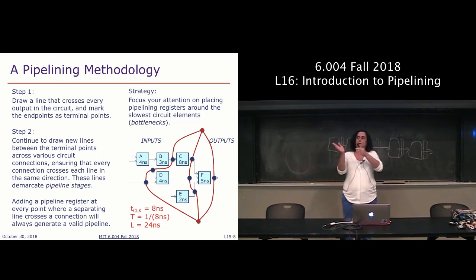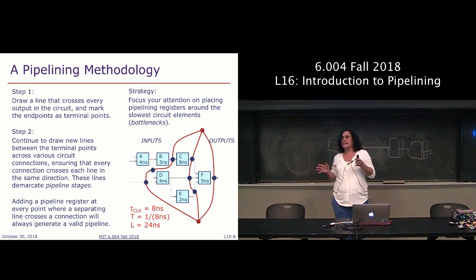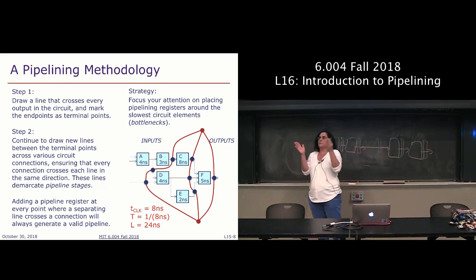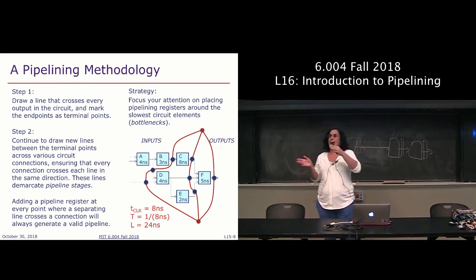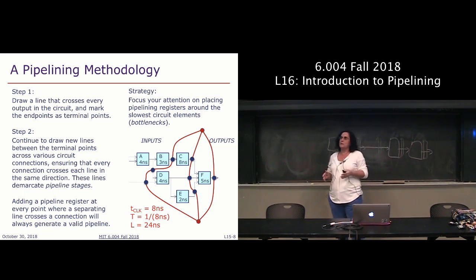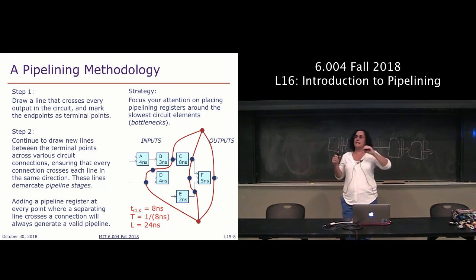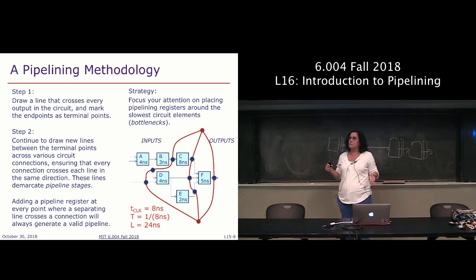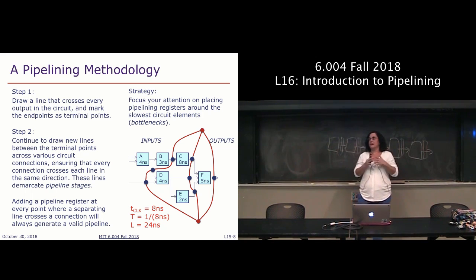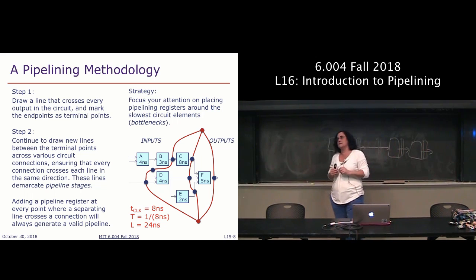Then, depending on where that slowest component sits, if it's somewhere in the middle, that means I'm going to have at least 3. And if after isolating the slowest component I still have some combinational paths that are longer than that slowest component, then I would continue to add additional paths in order to make sure that no path is longer than that slowest component.